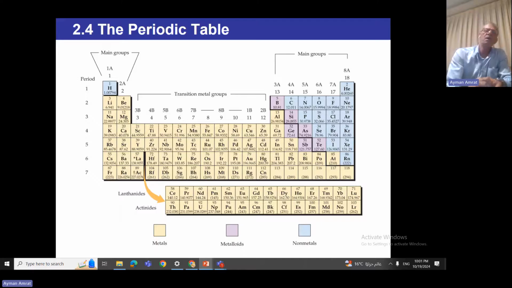They are semiconductors of heat and electricity, while metals are good conductors, while non-metals are bad conductors of heat and electricity. So these elements can be classified into 3 main categories: metals, non-metals, and metalloids.